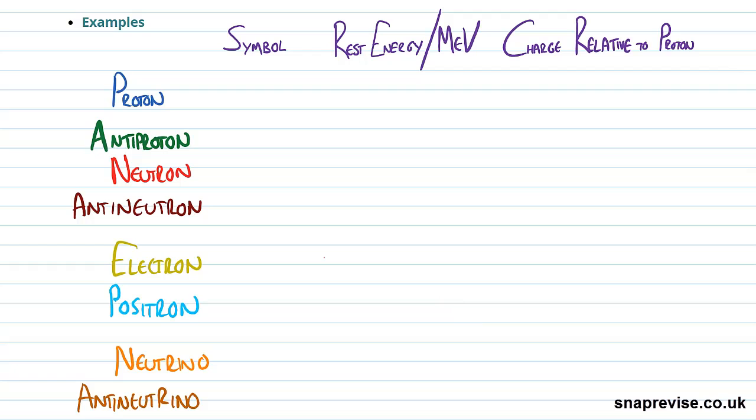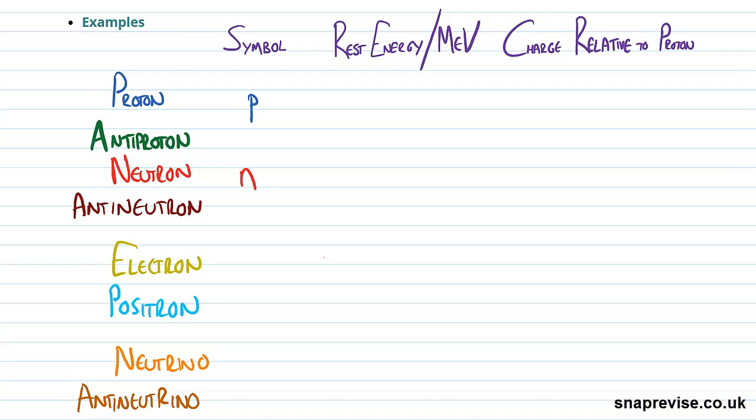First thing is to realise that we use symbols for all of these particles to make life a bit easier, so that we don't have to keep writing out proton or neutron, etc., or antiproton. So we give the proton the symbol P. That's very simple, just P. The neutron has the symbol just N. The electron, well, we've seen a few variations.